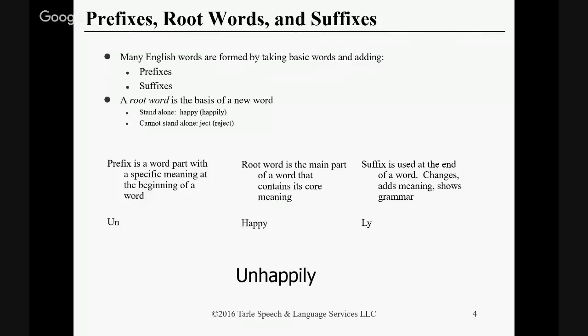So if we add this together, we can say the word happy, unhappy, which means not happy, happily, which changes this to an adverb to describe an action. I did that happily. Or we can add both the prefix and the suffix and say unhappily. And we're going to be having some classes at a later date on how these prefixes and suffixes change the syllable stress and the beats in a word.